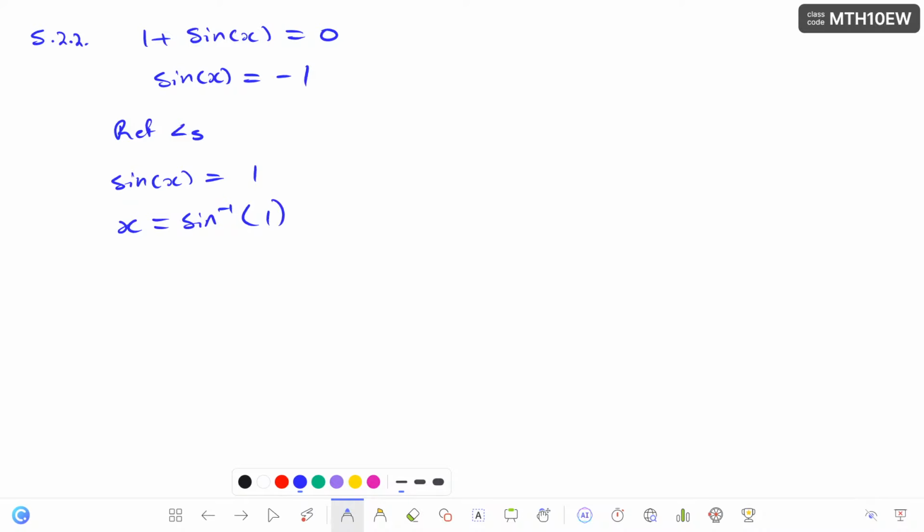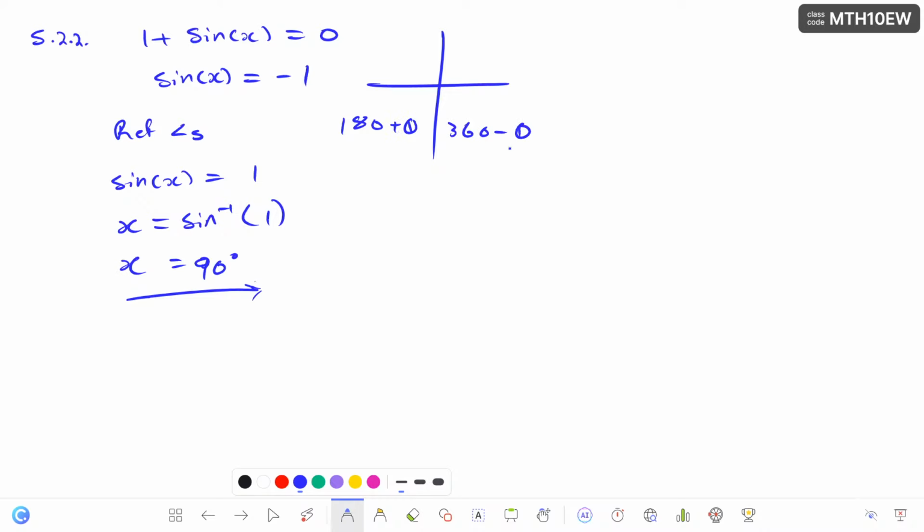If you use your calculator and check, we get x as 90 degrees. But since this one is a negative angle, a reference angle, we need to know where sine is negative. Sine is negative in the third quadrant and the fourth quadrant.